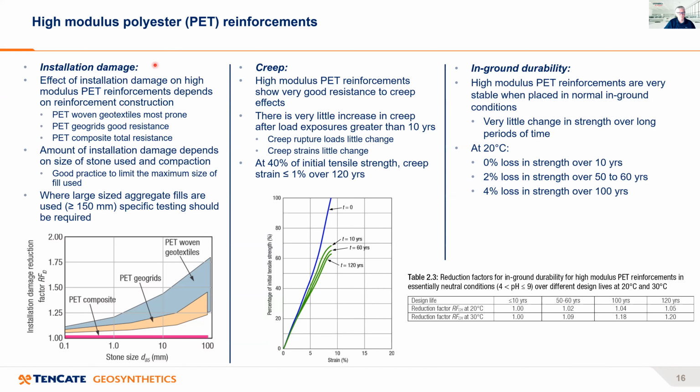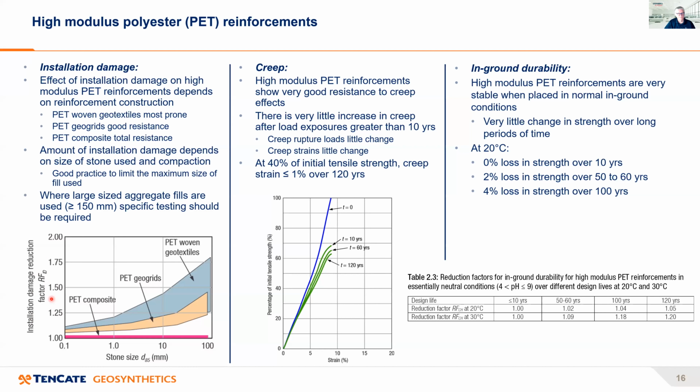And this, of course, is where we're compacting aggregates and granular material adjacent to the reinforcement. And what we find is that depending on the type of polyester reinforcement we have, depends on how much damage you can actually do to it. For example, this diagram down in the bottom left, this is an installation damage reduction factor.